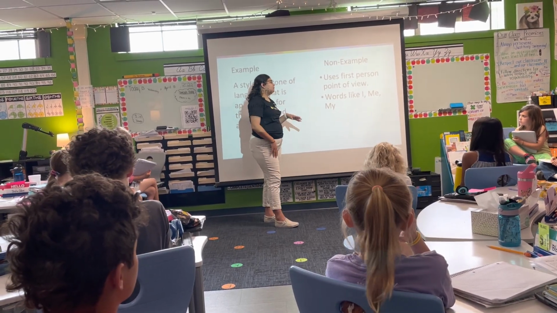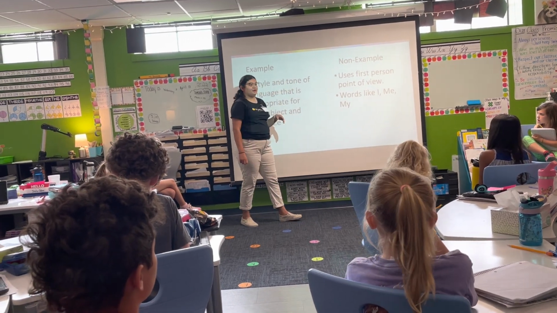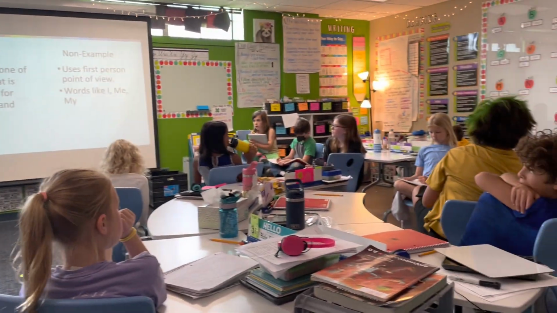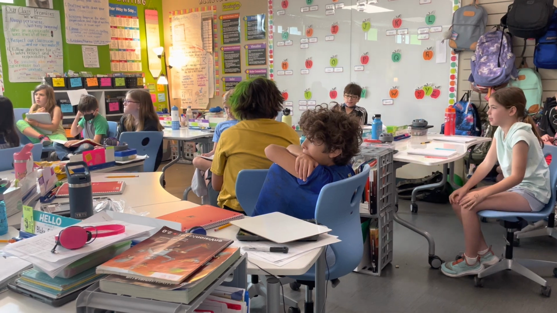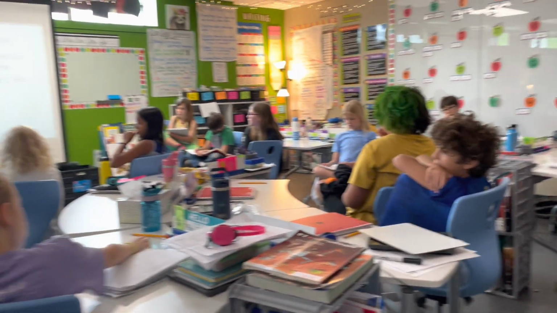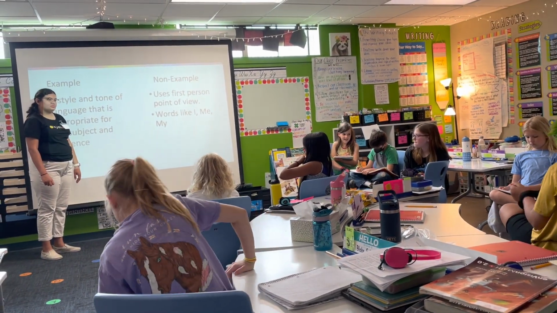So they will use words like I, me, my, the first person type. And they can have an opinion that other people might not have, like I like this, but somebody else might not like it.